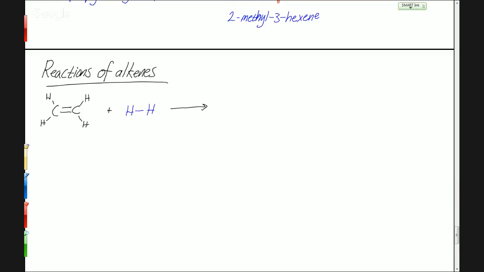But when this is done in the presence of a metal catalyst, like platinum, palladium, or nickel, those hydrogens can actually add to the alkene and make a product that looks like this. So those hydrogens have added to the molecule. And what started as the alkene ethene is now an alkane, ethane.